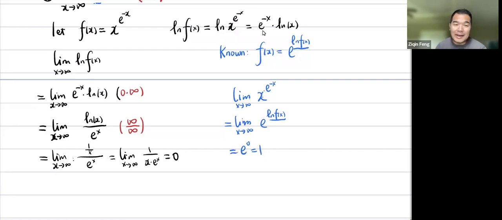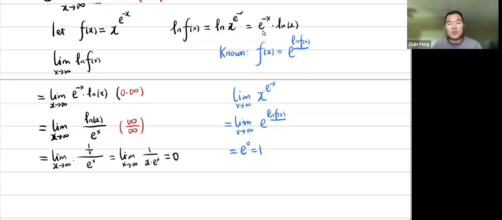So this function actually goes to 1 by changing our function to an indeterminate product and quotient, then applying L'Hopital's rule, and we know this limit.